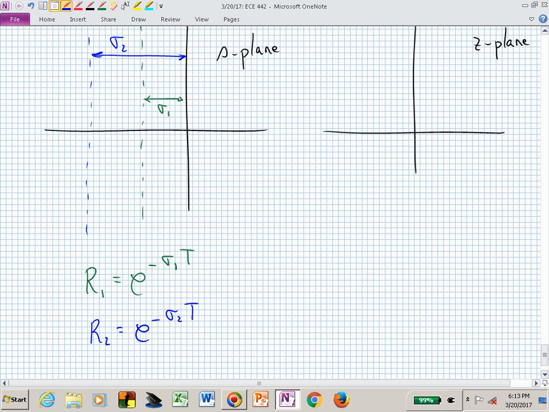Now, which of these poles, or sets of poles, correspond to quicker settling time, sigma 1 or sigma sub 2? Sigma sub 2. So we want to be further into the left half of the s-plane to be faster. Sigma sub 2 produces a faster response than sigma sub 1.